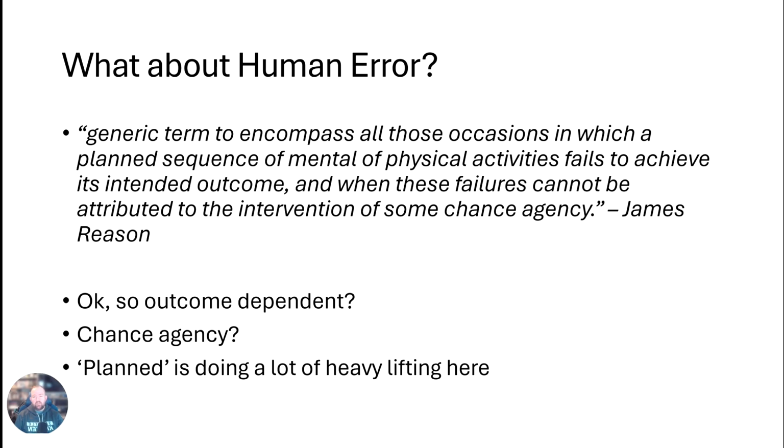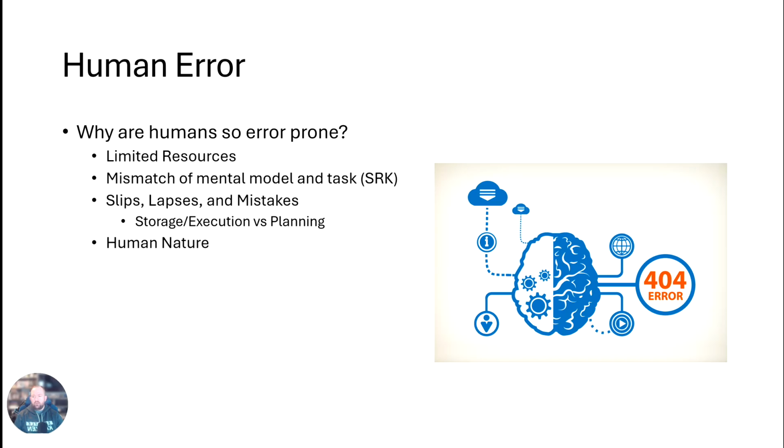Am I deciding what angle, what height to put my hand, and those things? So planned is one of those that can get a little bit sticky, but we'll get more into human error later. And why are they error prone? We talked about this when we talked about human performance, right? We have limited resources, and we'll get into this SRK, slips, lapses, and mistakes. All of this will come up in the human error taxonomy section in the next video.